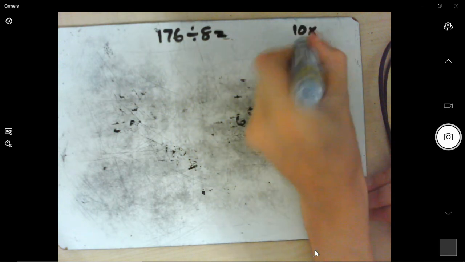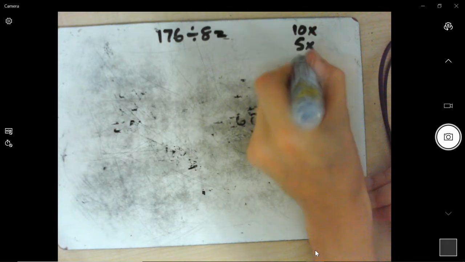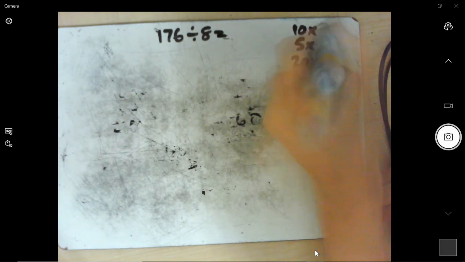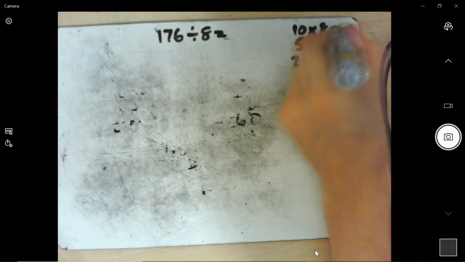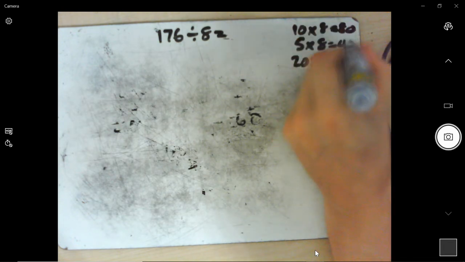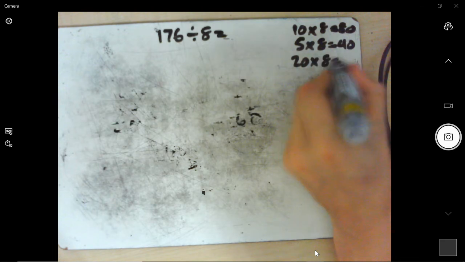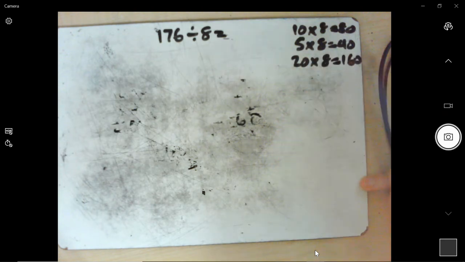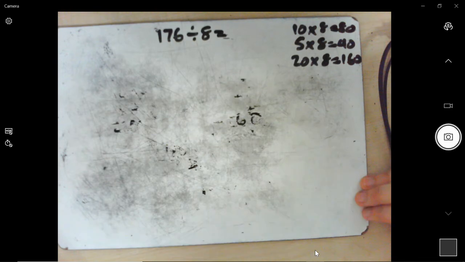10 times, 5 times, 20 times. 10 times 8, 80. 5 times 8 is 40. 20 times 8 is 160. Draw in my number line.